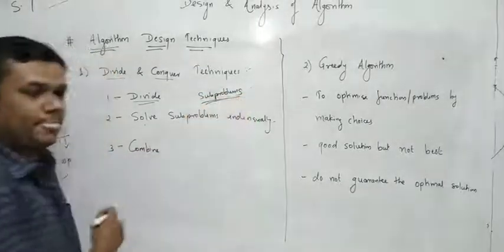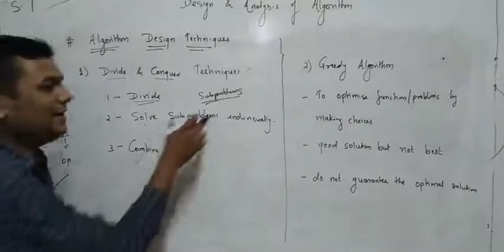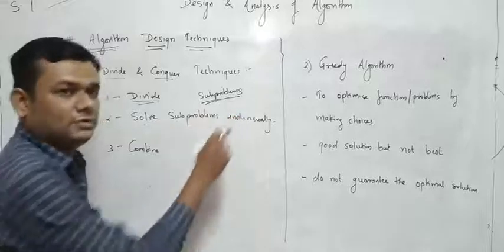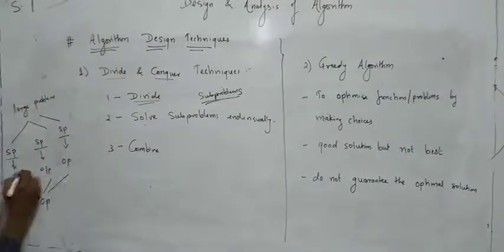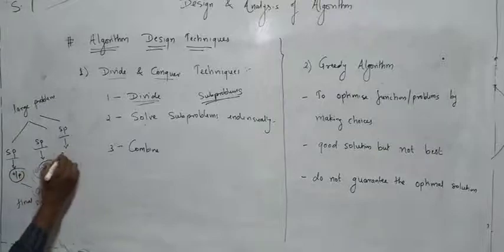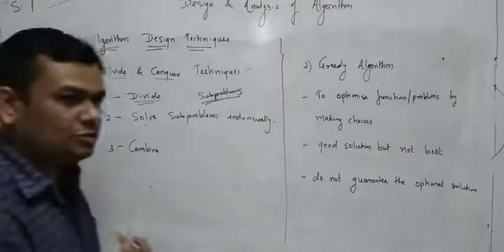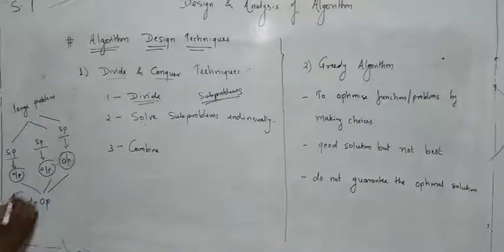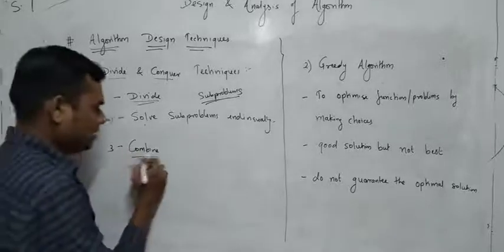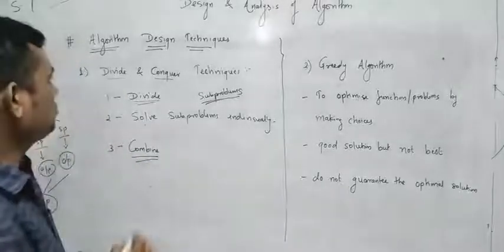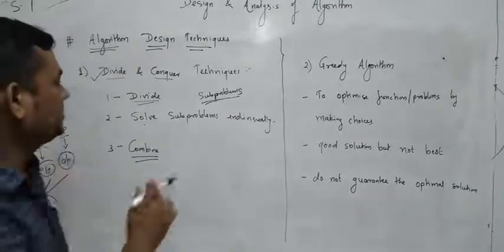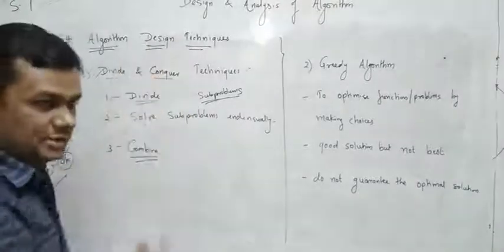After dividing, we solve each and every sub problem individually and produce individual outputs. After getting the individual outputs of the sub problems, we combine those individual outputs and produce the final output. So friends, we combine the output. That is the divide and conquer technique. That's it. So this is the first technique of algorithm design.